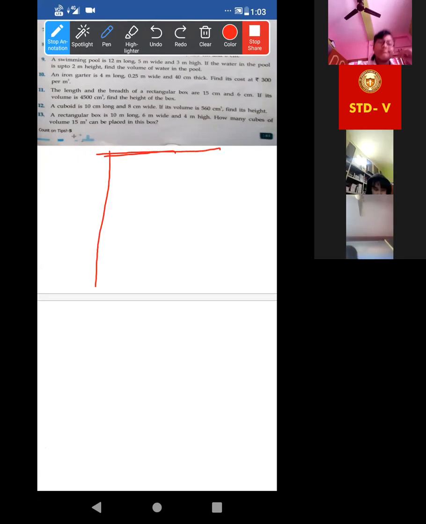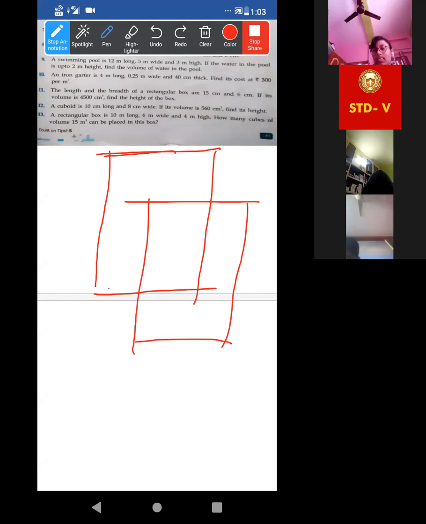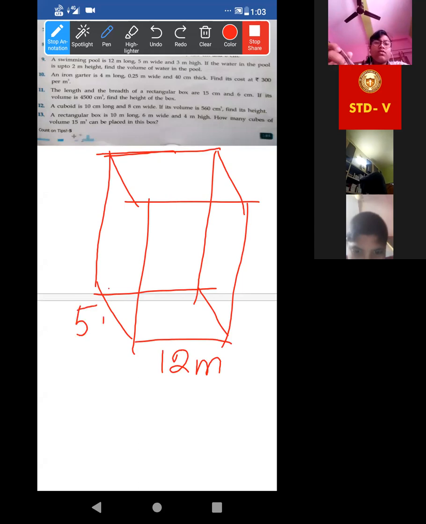We have to draw it, but at first try to understand this one. This one is the swimming pool of cuboid shape. Now look, its length is given, that is 12 meter long, 5 meter wide, and the height is given 3 meter.